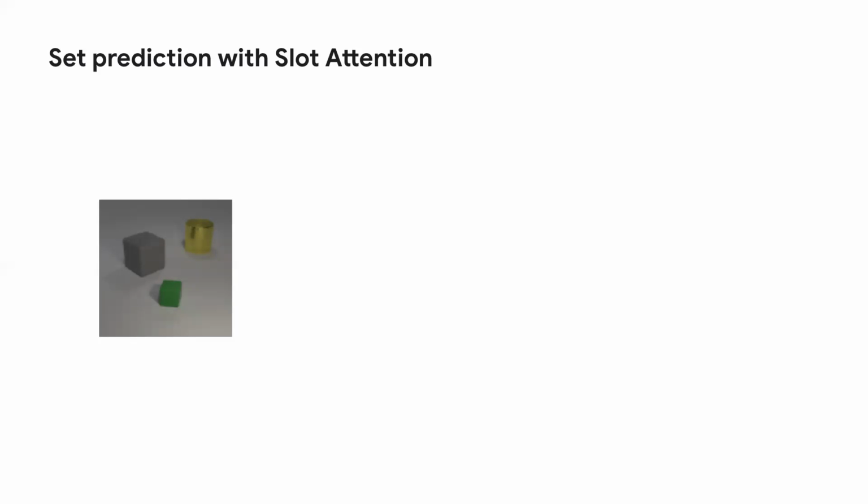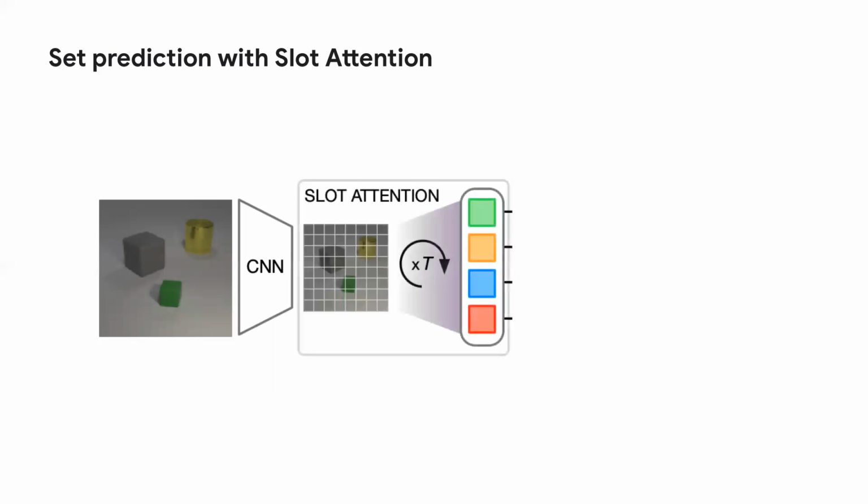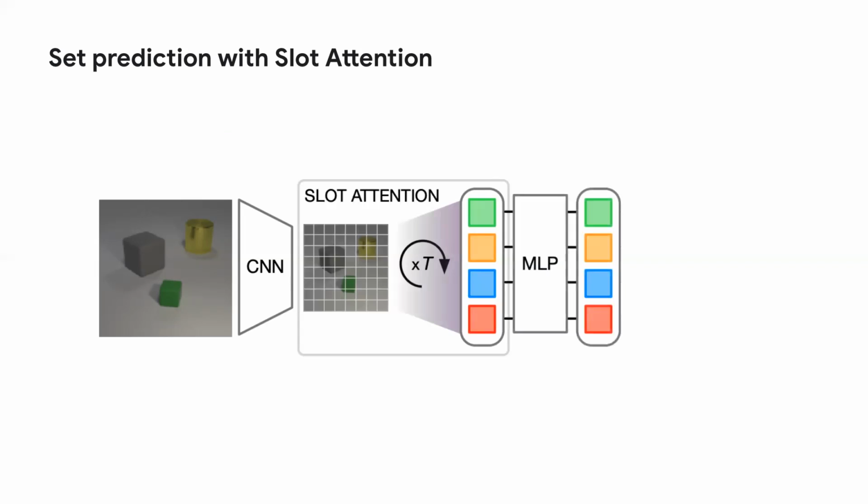So in set prediction, the setting is like this. You have this input image with multiple objects, and you have the usual CNN backbone, and then slot attention. Slot attention is going to extract a representation for the individual objects. And now you can add an MLP on each slot.